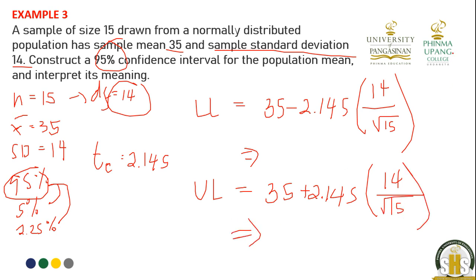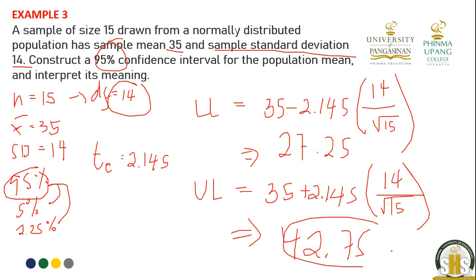So answer for number 3, 27.25 po. 27.25. How about UL? 42.75. Okay, so we have 27.25 for LL and 42.75 for UL.